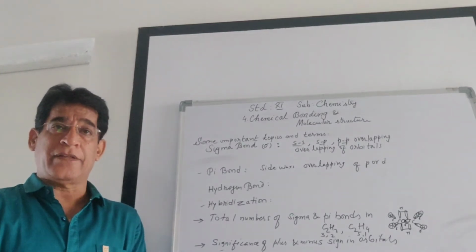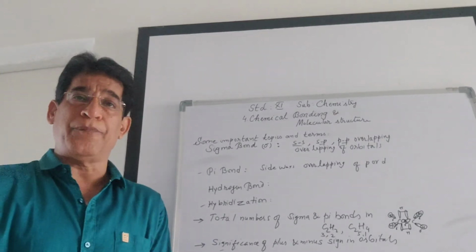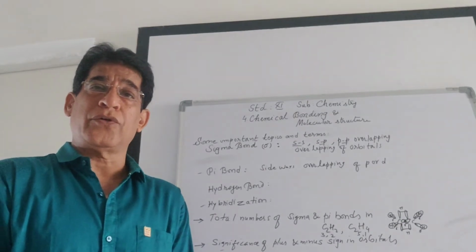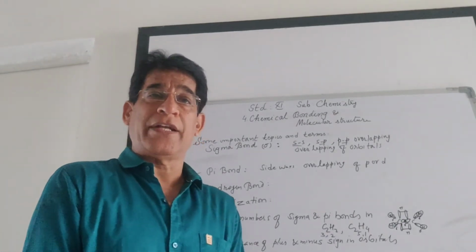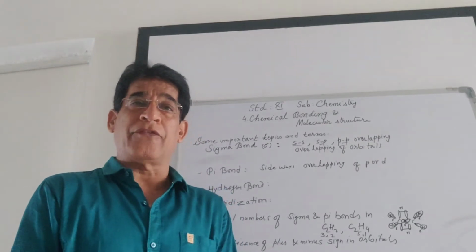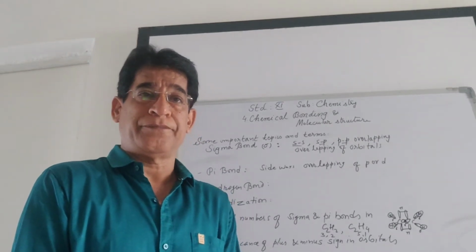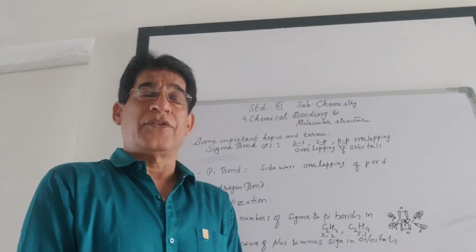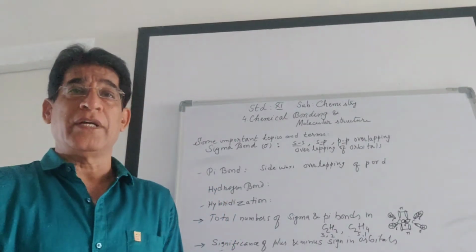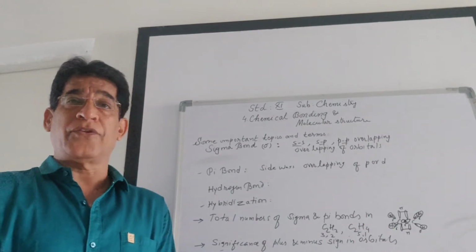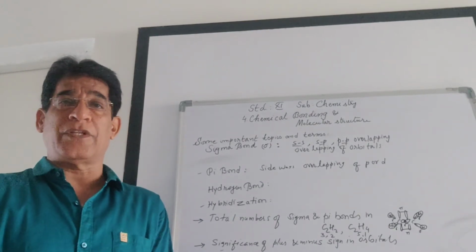Hence, it is inadequate to represent the carbonate ion by a single Lewis structure having two single bonds and one double bond. Therefore, the carbonate ion CO3 is described as a resonance hybrid of the following.